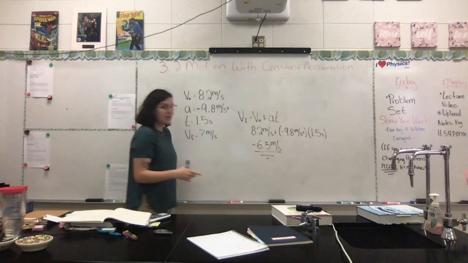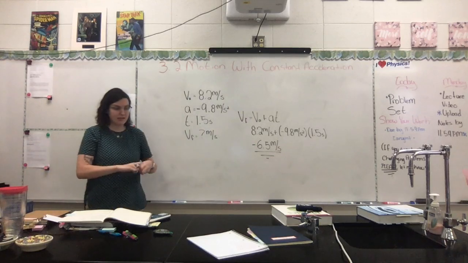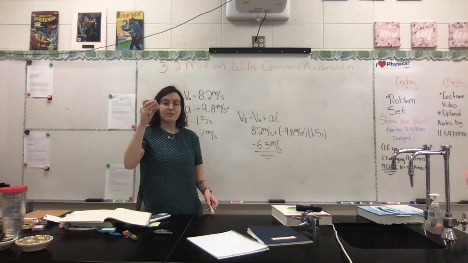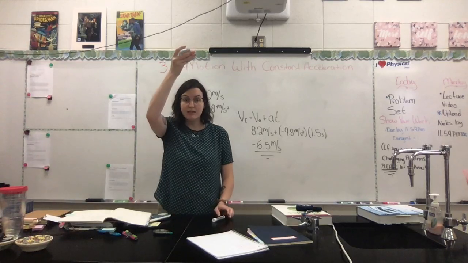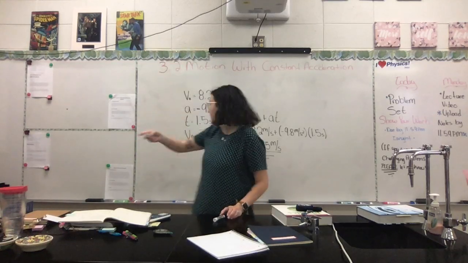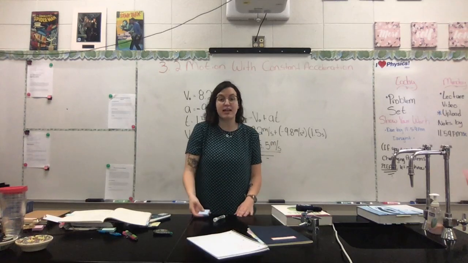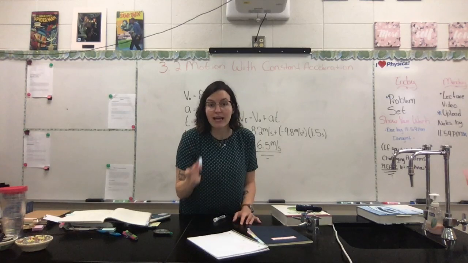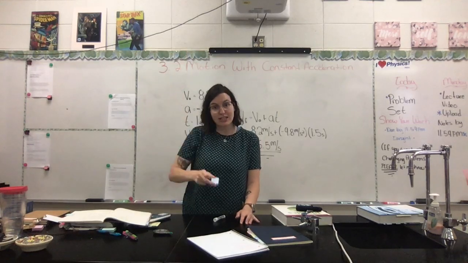Okay, now why that's negative is because when I took my sticky notes and I threw them up with maybe a velocity of 8.2 meters per second, and then they come down, now on the way down, the direction has changed.